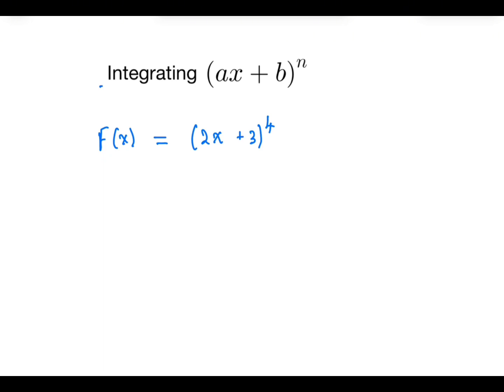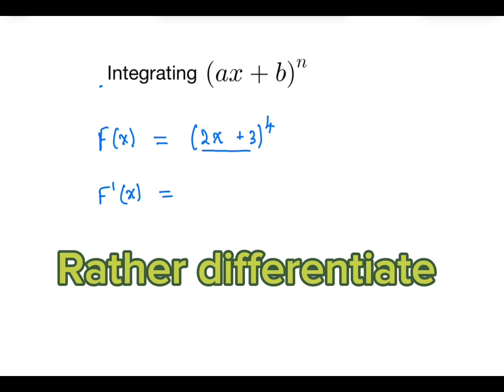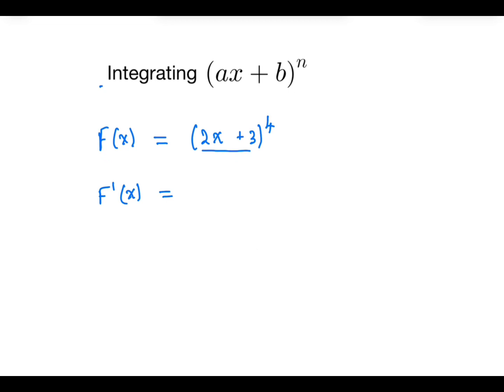Let's say I want to differentiate this function, f prime of x, which is the derivative of the function. This is equal to, first you have to differentiate the function inside, that is 2x plus 3. The derivative of 2x plus 3 is 2. Now multiply by the exponent 4.